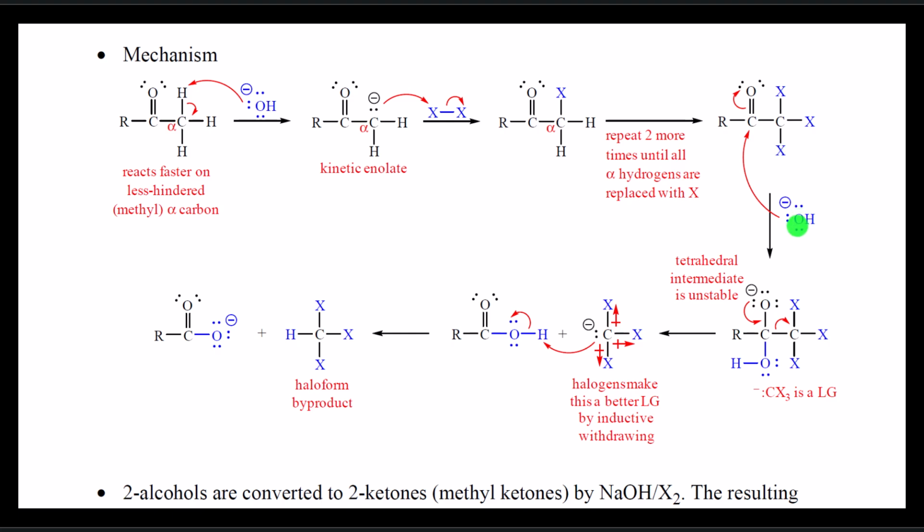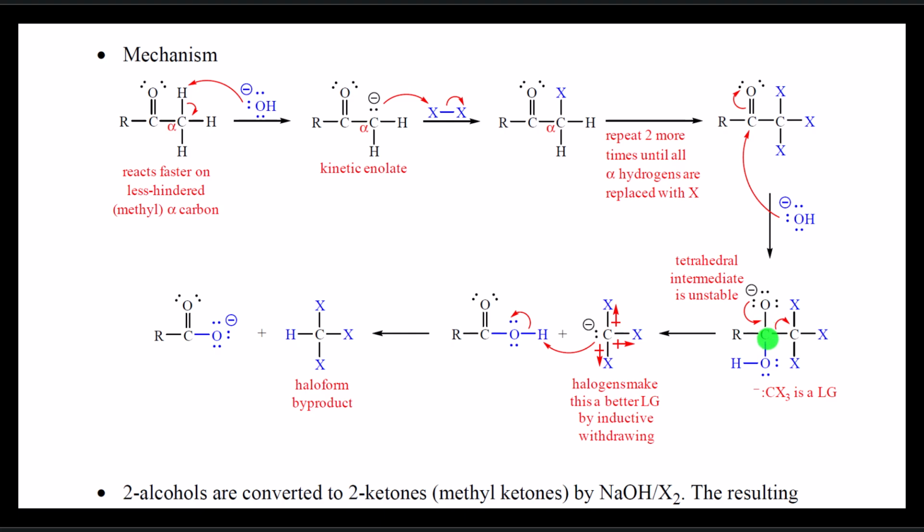The base then can do a nucleophilic attack onto the carbonyl carbon, pushing a pair of electrons out of the way and creating an intermediate that looks like this. That intermediate is a tetrahedral intermediate. It's unstable. It has electron pressure pushing back down toward this central carbon.